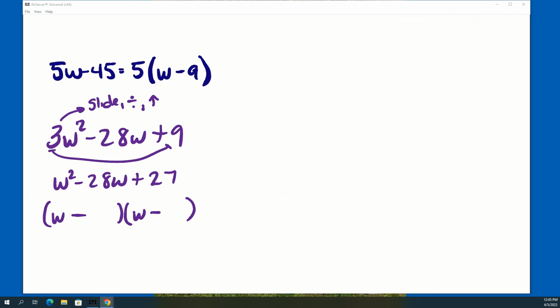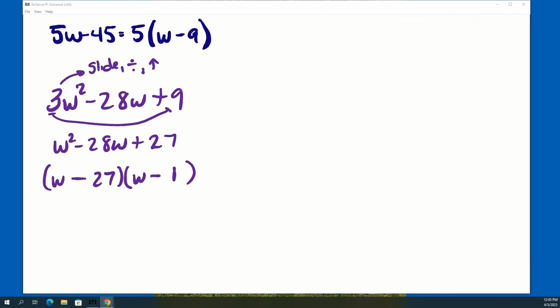All right, so this time the signs are the same. They're both minuses. And I want to multiply to get 27 and add to get 28. What do y'all think? 27 and 1. Then I'll divide by the 3 again.